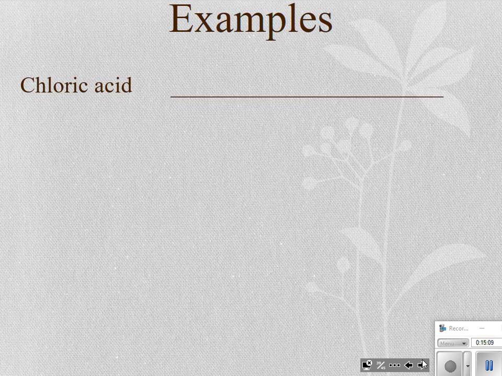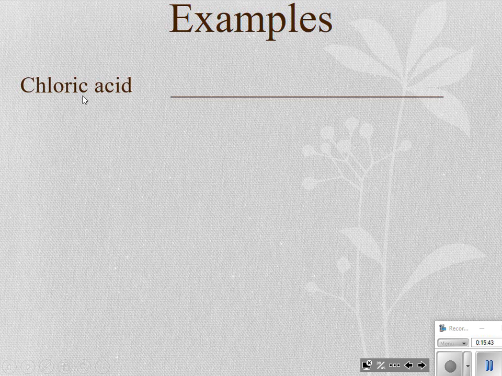As I'm breaking this down, I go back to my rules. I see IC, 1 or 3. Which one am I dealing with here? Rule number 3. Rule number 3 tells me that the anion has what ending? ATE.